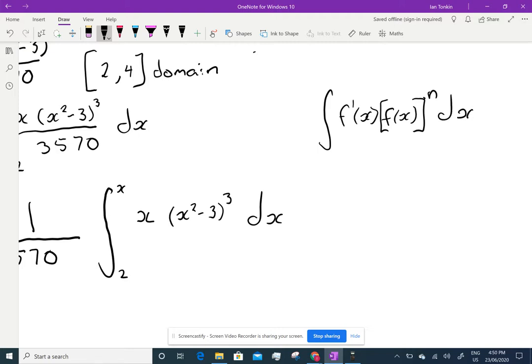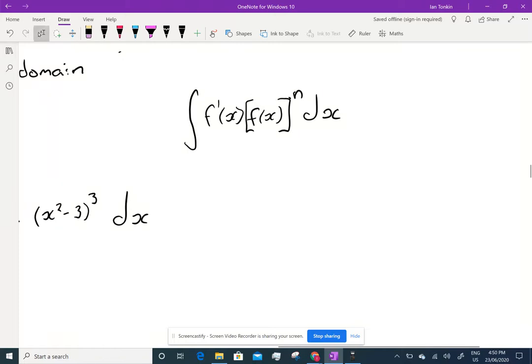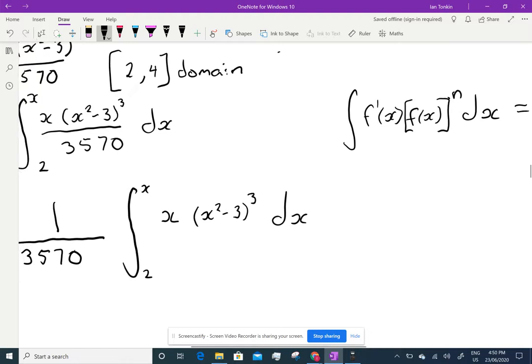dx, so this is on your formula sheet: the integral equals 1 on n plus 1, f of x to the n plus 1, plus a constant, but because we're doing it within limits, we don't need that.